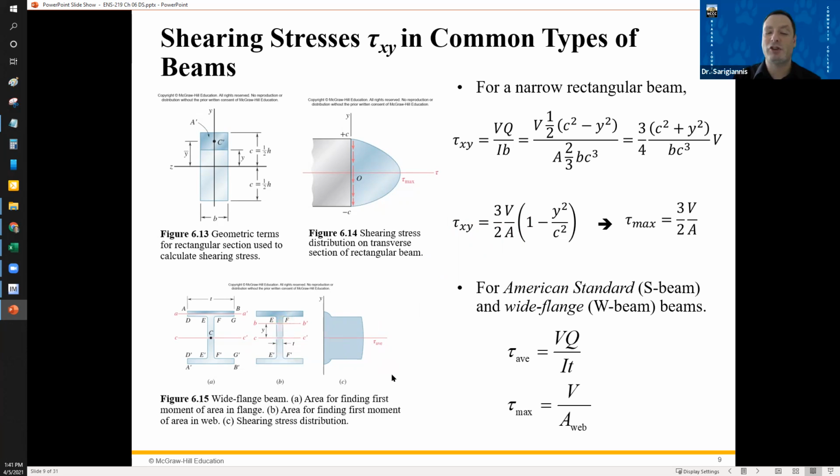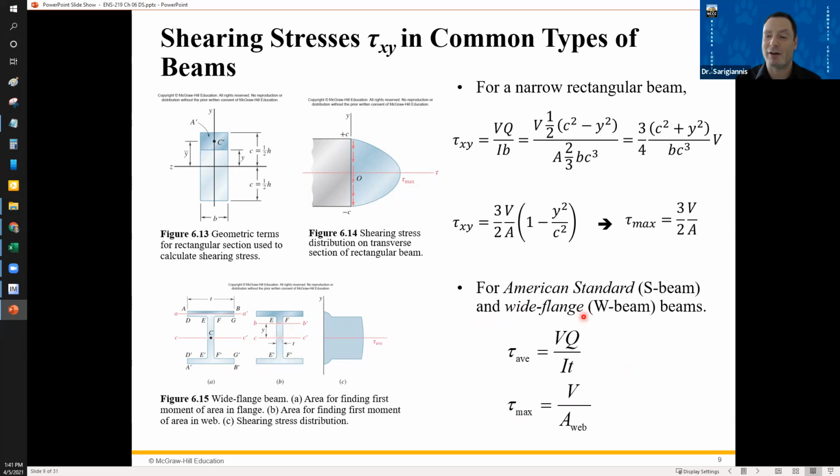So when you design these wide flange beams, or when they're looking at internal stresses, they can be pretty confident that the max shear is going to be distributed. Whatever the max shear is, it's pretty much equivalent throughout the entire height of that web, that thickness of the beam.